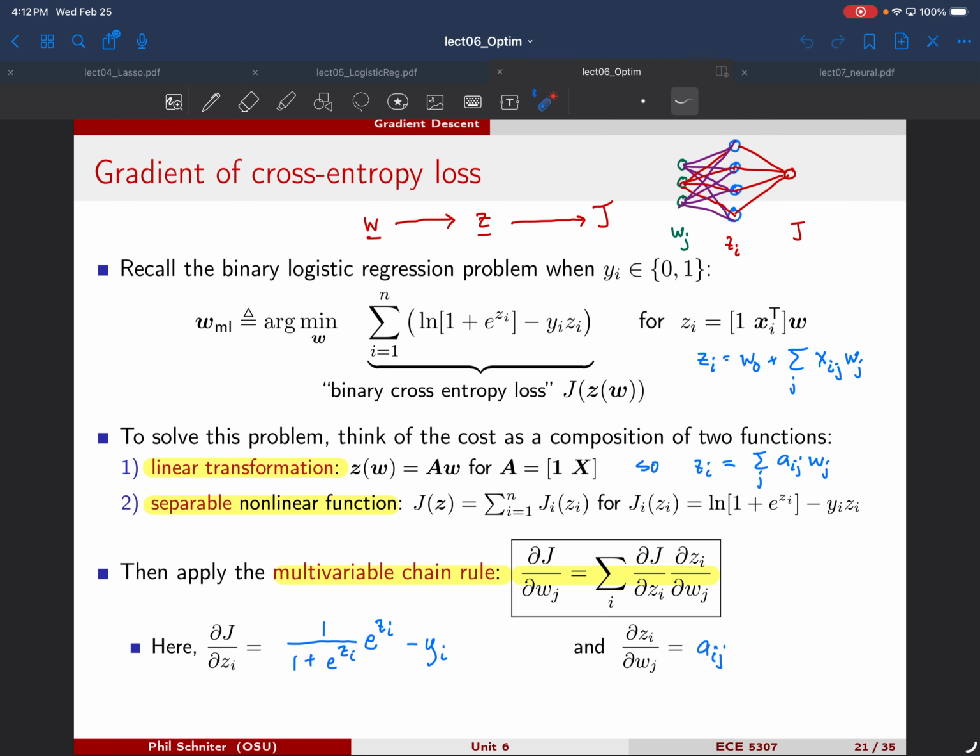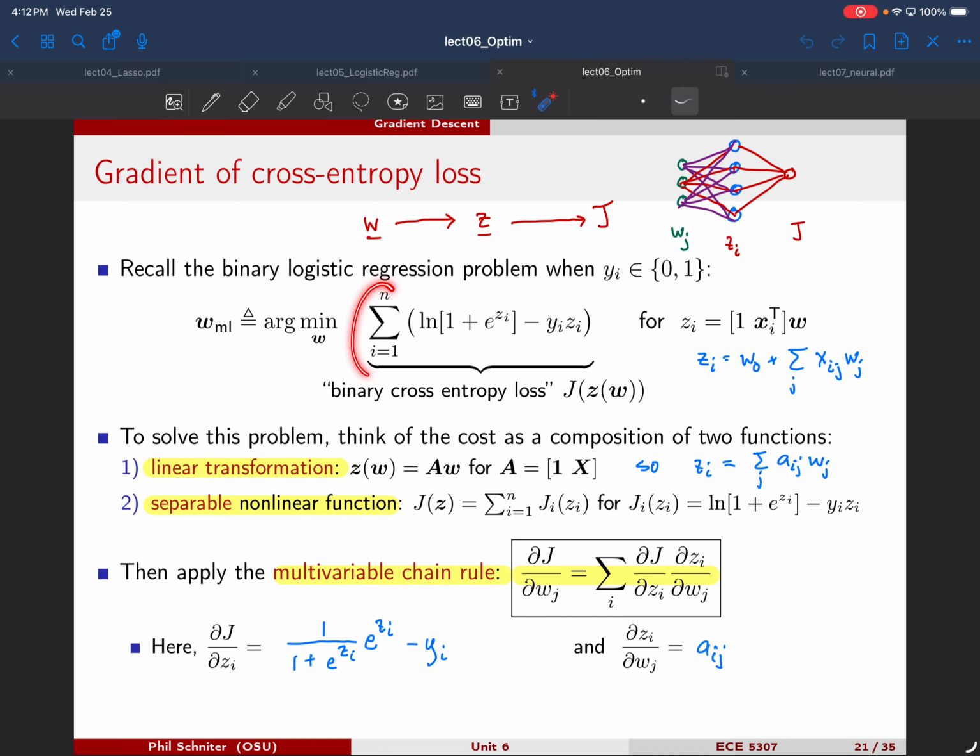So that's the first stage. It takes us from W to these Z's. And then the second stage takes us from these Z's to the final cost J. And what's simple about that is that this cost is a sum of components which act individually on the zi's. So here, there's no mixing across the zi's.